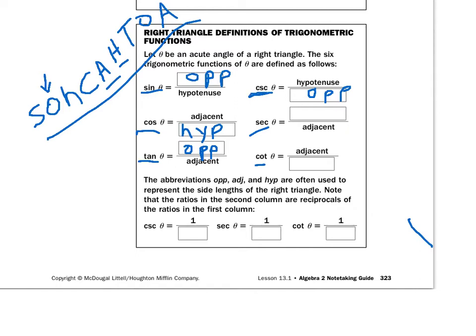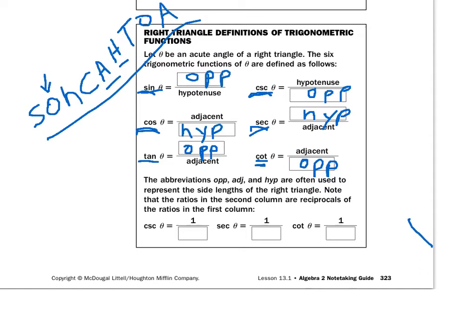You've got to try to remember that cosecant goes with sine; those things go together. And cosine goes with secant; those go together. So we're going to have hypotenuse over adjacent. And cotangent, it's easy to remember, goes with tangent. That's adjacent over opposite. So when you're asked to find those things, it's very similar. You do all the same stuff.